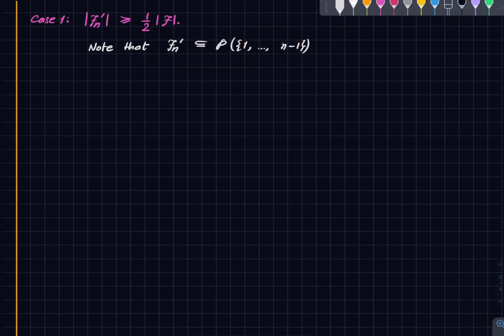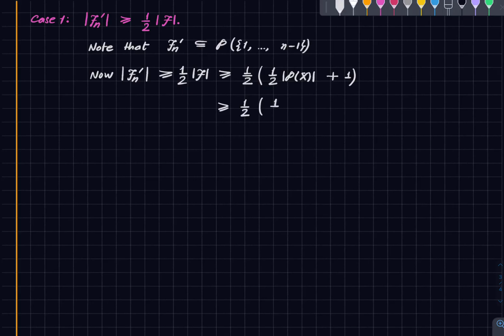And since we have assumed this in this case, we have that the size of Fn prime is at least half of the size of F, but the size of F is at least half of the size of the power set of X. That was the hypothesis on F. What is the size of the power set of X?